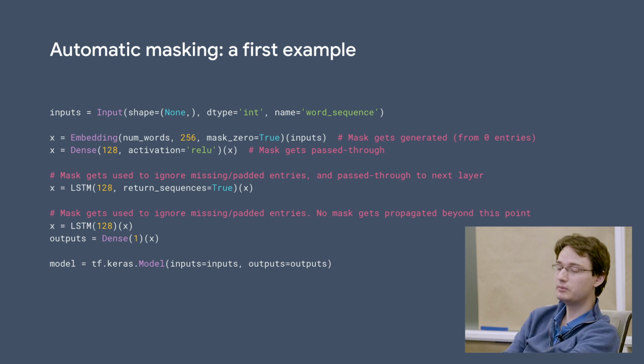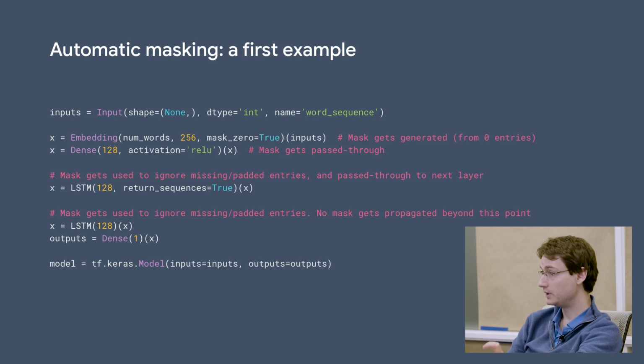But if you were to remove these last two layers and just say this LSTM layer that returns sequences is your last layer, and then you apply a loss function that is sequence aware, then yes, the model during fit is going to generate a sample weight argument for the loss, which will incorporate the mask, meaning that any time step that is masked is going to receive a 2D sample weight of 0.